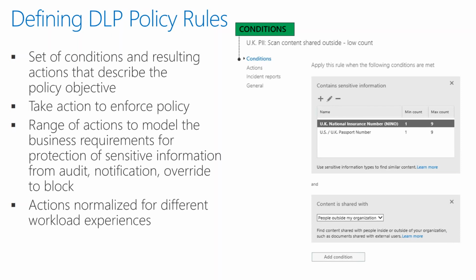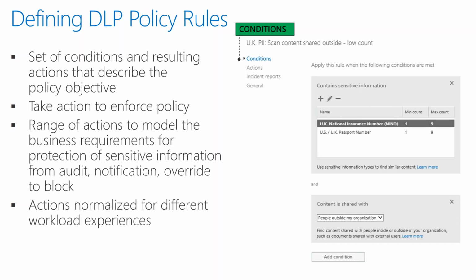So you'll start off by defining the condition, and this is where you would define credit card information, passport number, and other sensitive rule matching patterns. And in the actions area, as you can see in the screenshot, you've got a variety of options here.